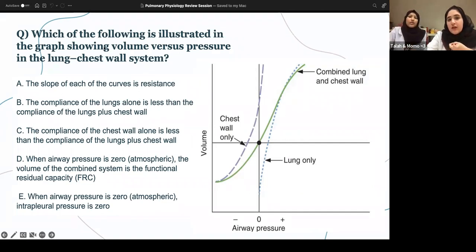Which of the following is illustrated in the graph showing volume versus pressure in the lung-chest wall system? Okay, D. We need someone to explain why D. Since everyone's saying D, can someone explain why?